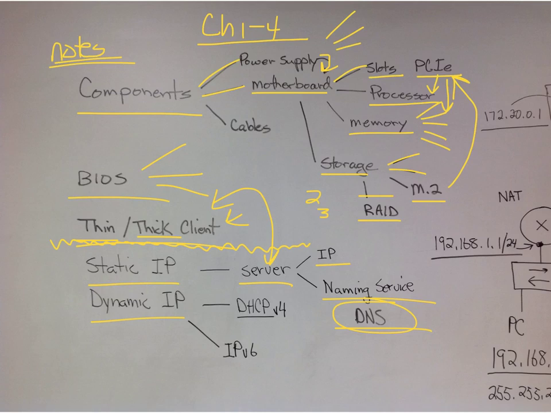Dynamic IP, we talked about the DHCP process. We looked it up in Wikipedia. It has a pretty good explanation of how it works, and it's also in the curriculum. And we mentioned a little bit about IPv6, getting addresses dynamically.